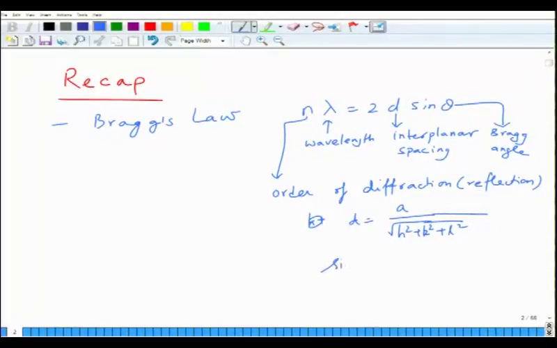So basically your sin square theta is proportional to h square plus k square plus l square. So as your interplanar spacing goes down, the peaks appear at higher angles because sin theta increases, and this is for a monochromatic radiation.